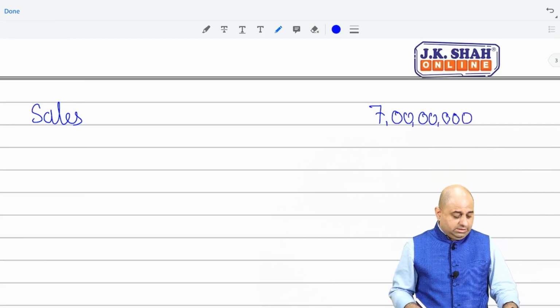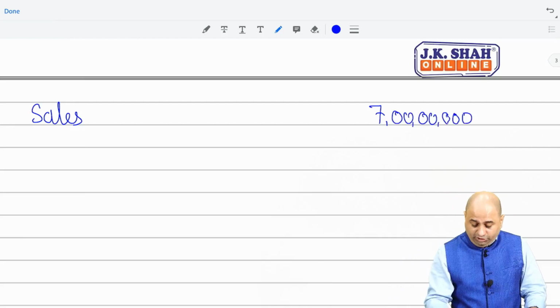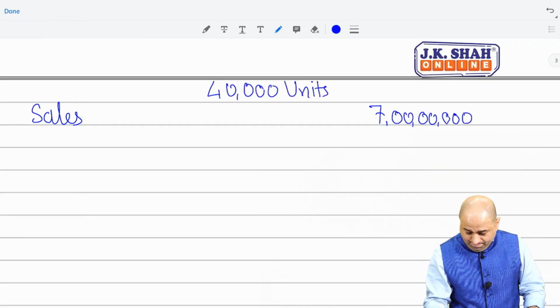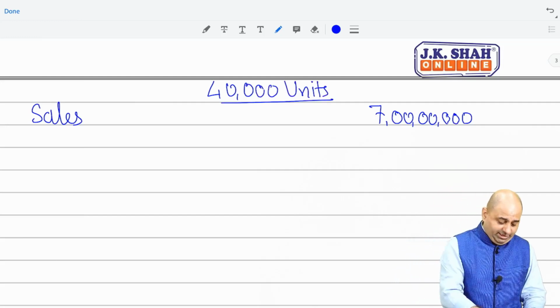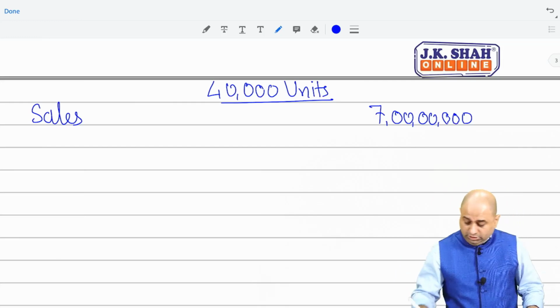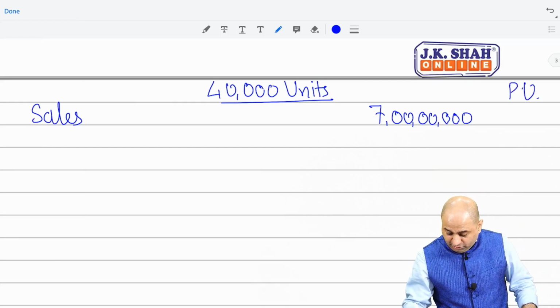And then I'll calculate per unit figures. There are 40,000 units. Don't forget that. I told you, create as many details as possible. So 7 crores divided by 40,000, the per unit figure I'll write here, 1750.